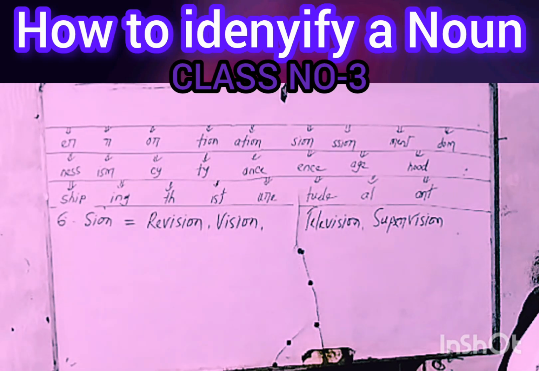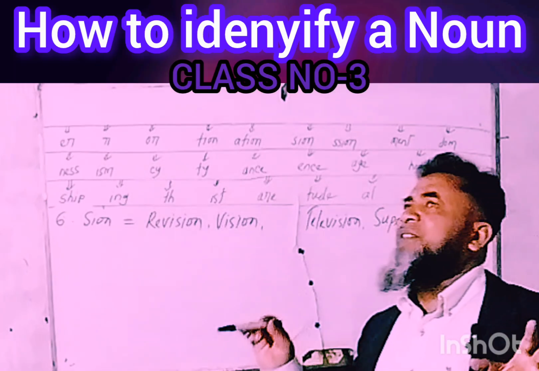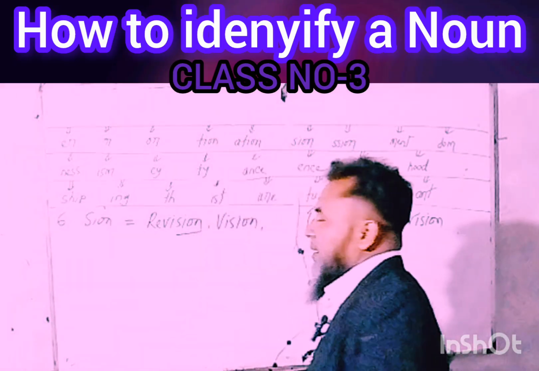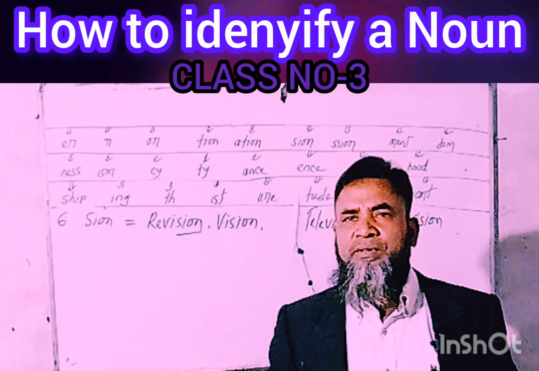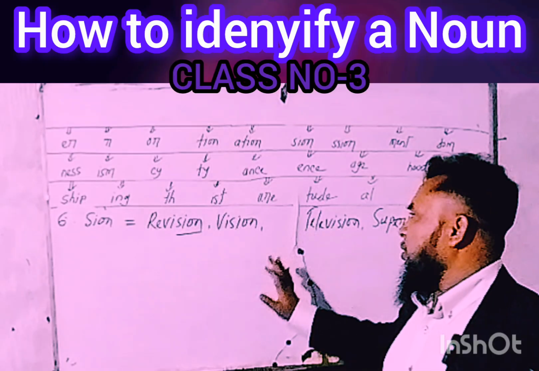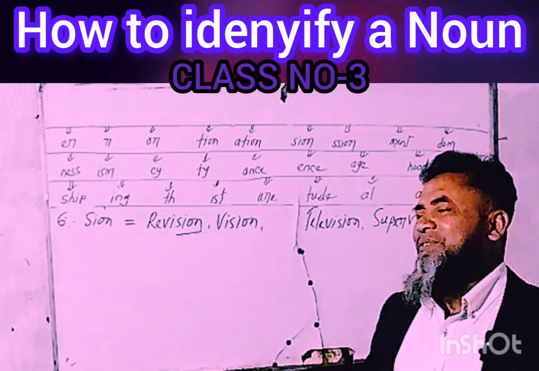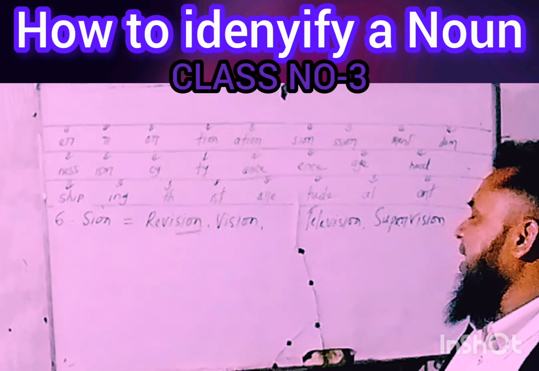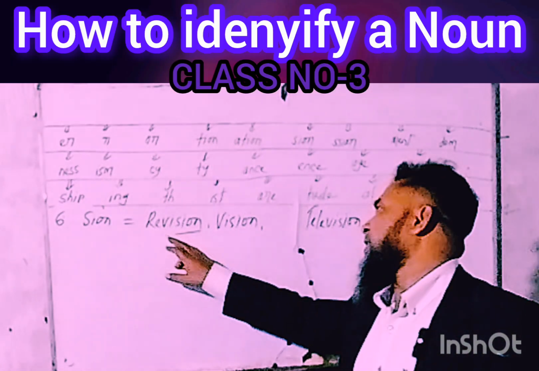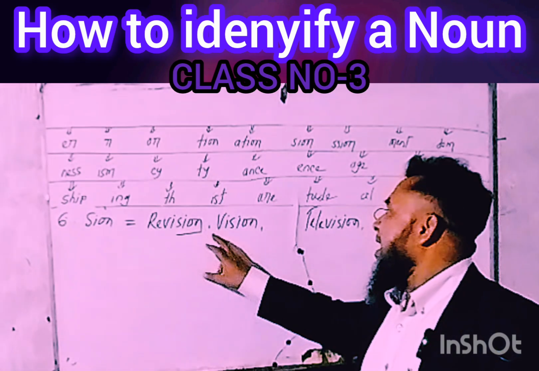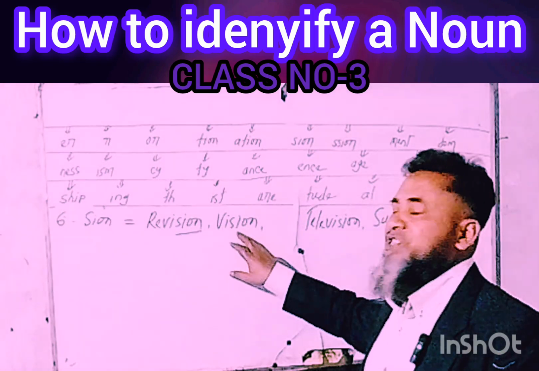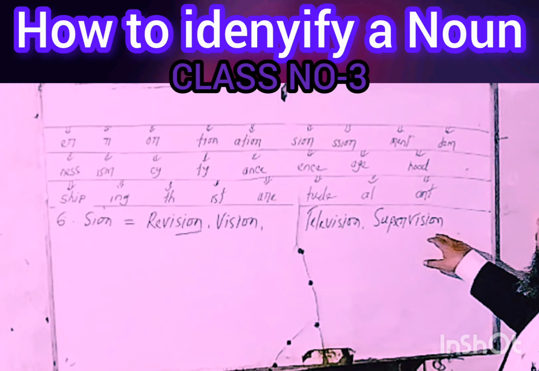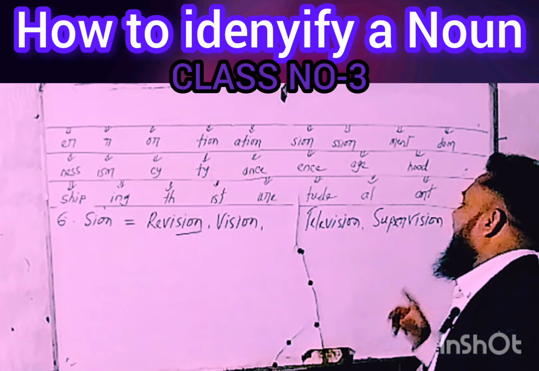You will have to remember that most people pronounce words with the suffix sion with a 'sh' sound. But according to the British and American applicable rules of pronunciation, the right pronunciation of these words is revision, vision, television, supervision, with a 'zh' sound.